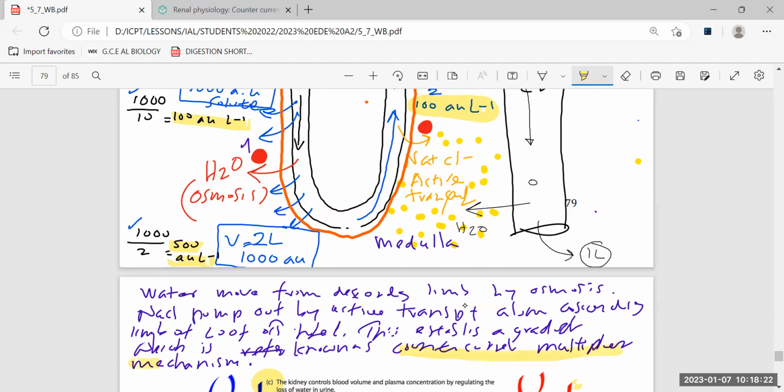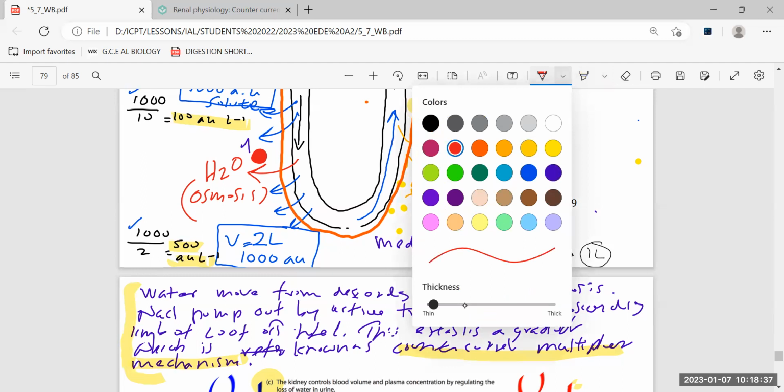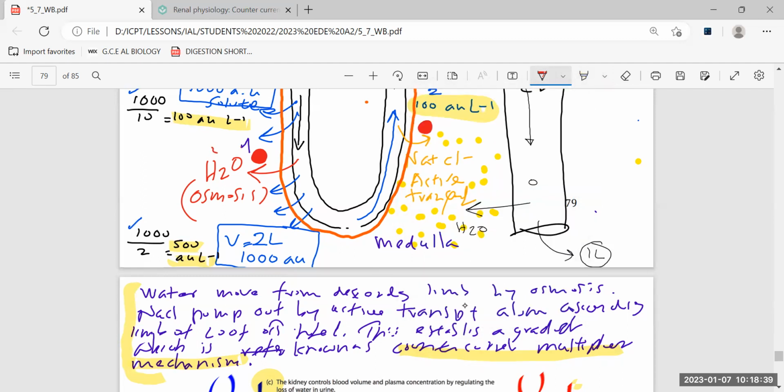Now, what I did so far, I actually introduced what is the countercurrent mechanism. First, you see the red dot here, what is moving out by osmosis, number one. The second, sodium chloride is moving out by active transport from the ascending limb into the medullary space. So this helps to create a gradient which is known as the countercurrent multiplier mechanism.